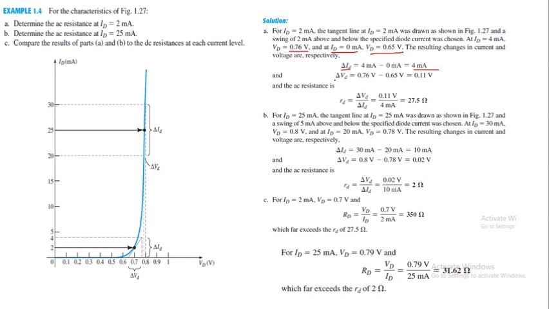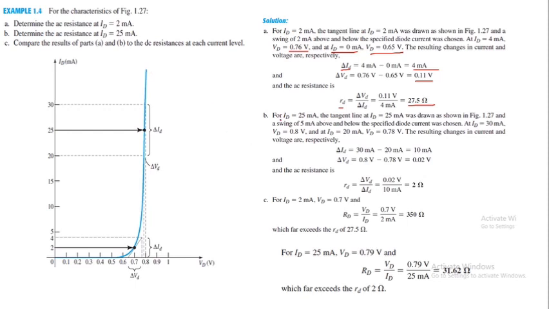So the change in VD is 0.76 volt minus 0.65 volt, equal to 0.11 volt. Putting these values into this equation will give us RD equal to 27.5 ohm.